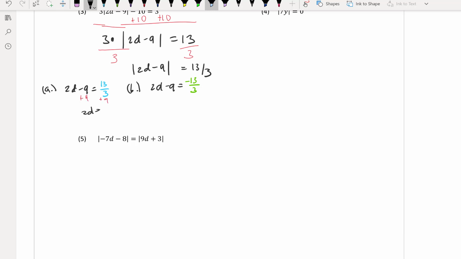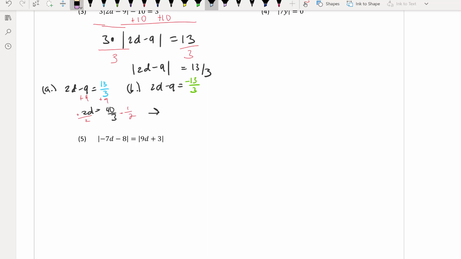So that 2d is equal to, now my calculator, 13 divided by 3, and then close the parentheses, and then you're going to add 9, gives you 40 divided by 3. So then from here, I'm going to divide by 2, which is the same as multiplying by 1/2.